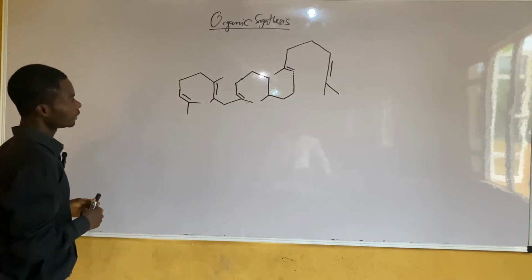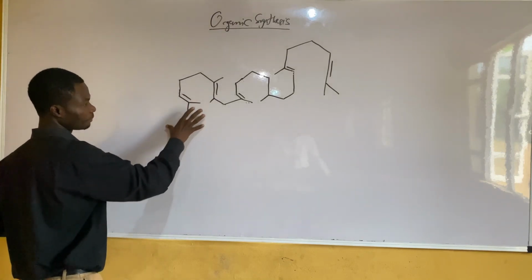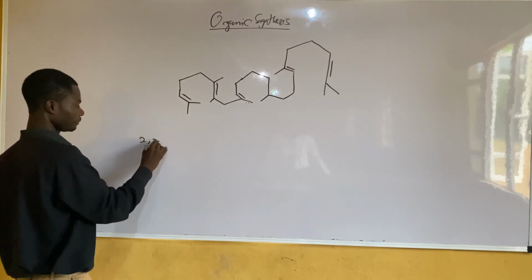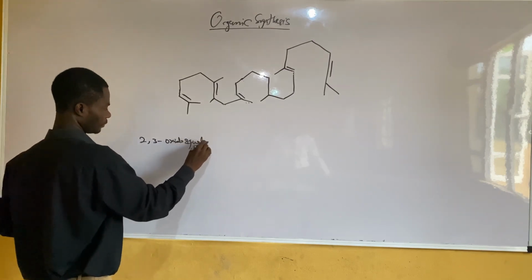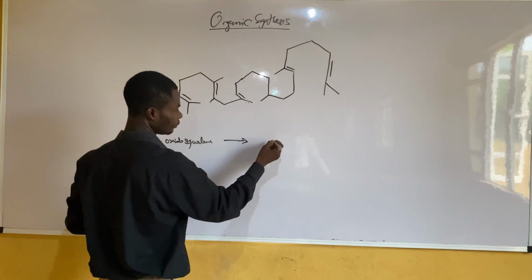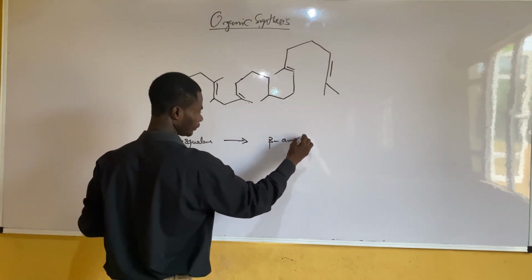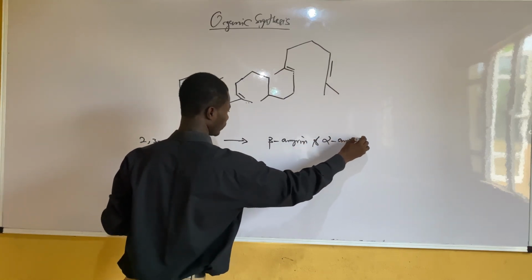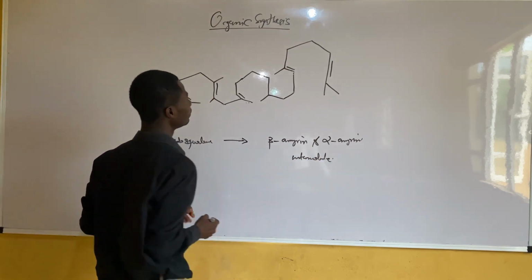So now, the most important thing is how do we go from here? I talk about 2,3-oxidosqualene. All right, so from this, we want to find out how we generate beta-amyrin, alpha-amyrin, and several other intermediates in between.